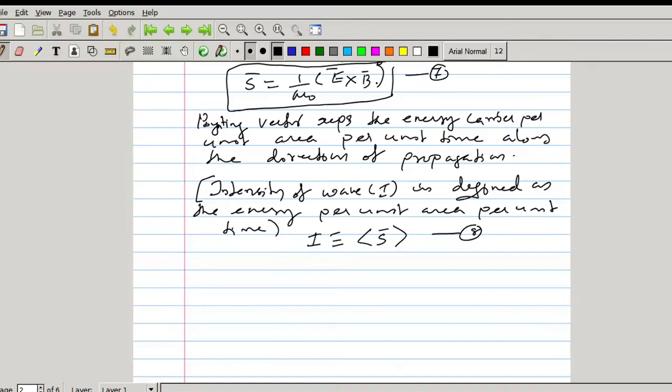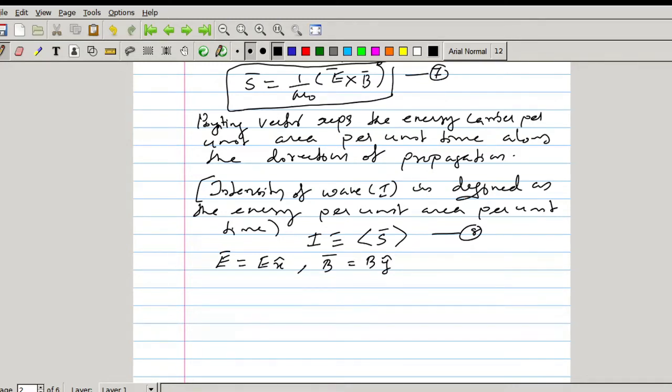Now S is 1 by mu 0 E cross B. What is E? Electric field is taken along the x direction. Electric polarization is along x direction. Propagation is along z direction. So the magnetic field should be along y direction. So this is B y cap.